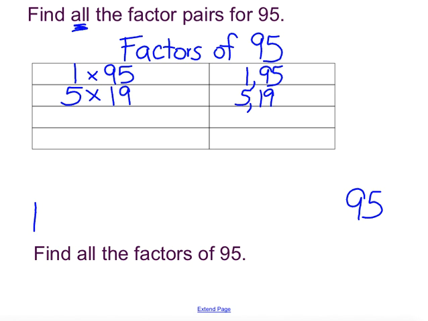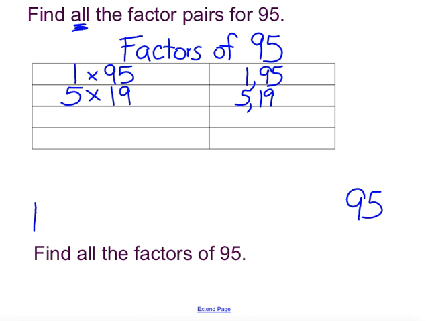Then I try 9. Oh boy. 9 times 10 is 90. 9 times 11 is 99. That doesn't work either. And then we get to 10. And at this point, 10 times 10 is 100.